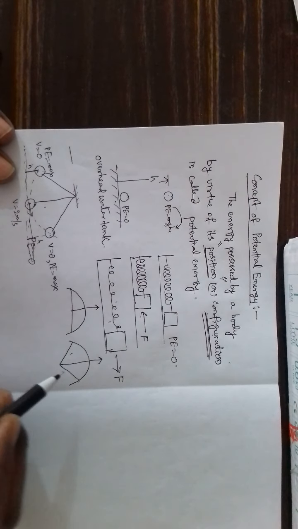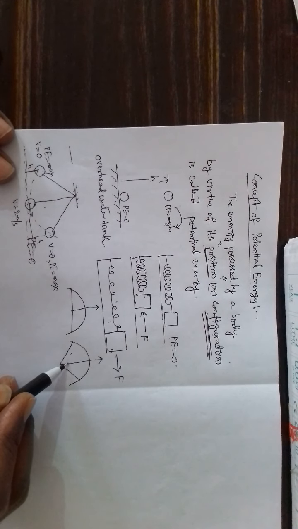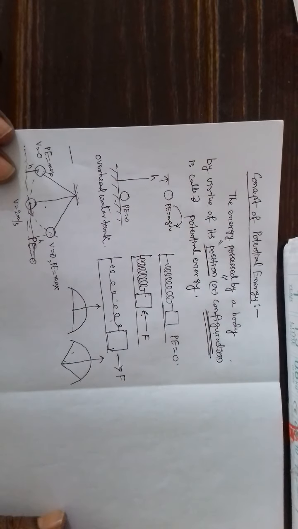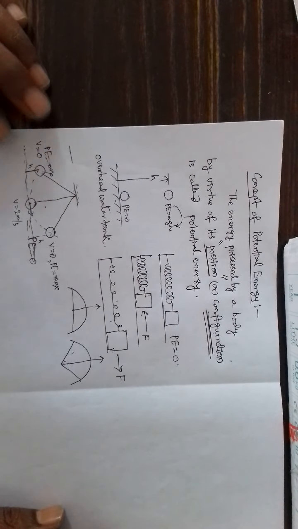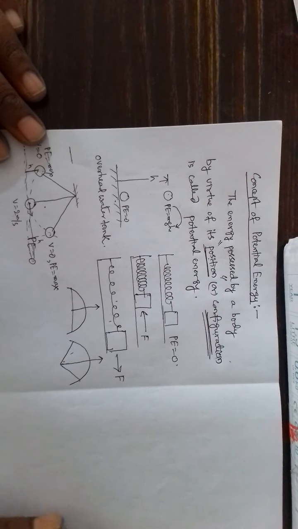Here also a bow possesses some potential energy by way of configuration. Okay, now let us derive an equation for the potential energy.